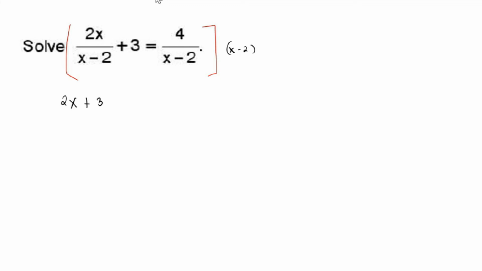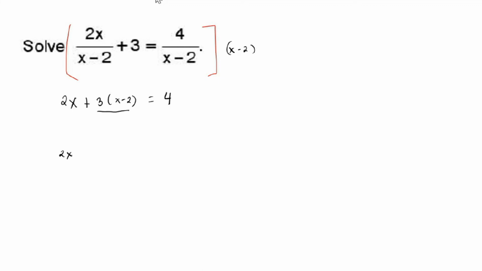I will just write it first that we are multiplying the 3 times x minus 2, is equal to, this one is x minus 2 divided by x minus 2 is 1 times the numerator, which is 4. So all we need to do now is to simplify this second term.